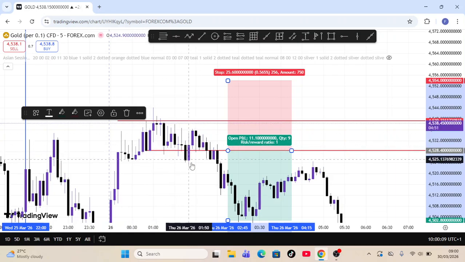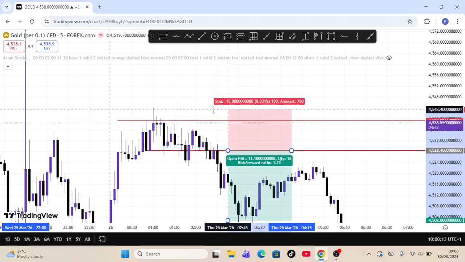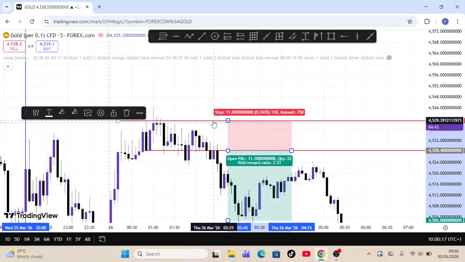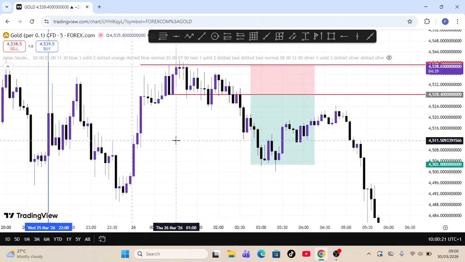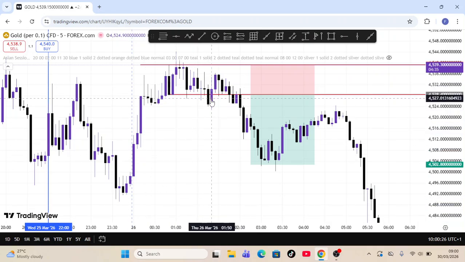Wait for the market to break out and retest. After you set your limit order there, you wait for the market to break out. And you can see this was a break and a retest.